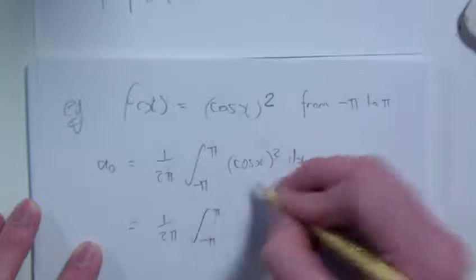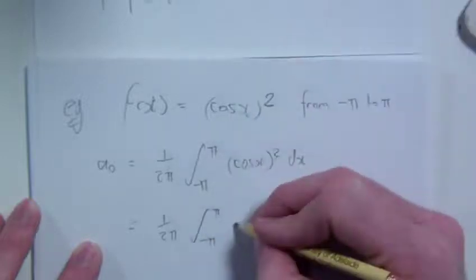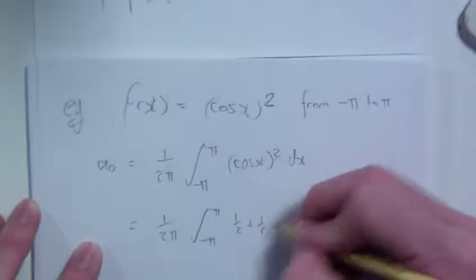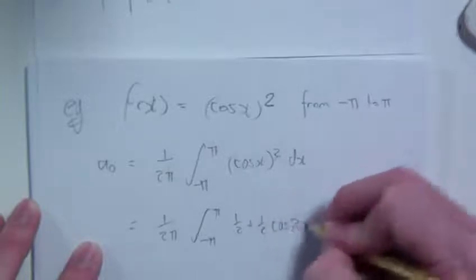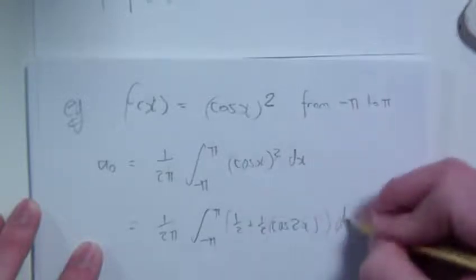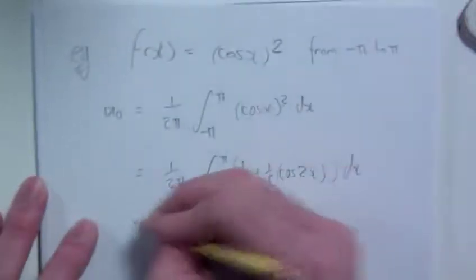And normally to integrate cos squared, you'd rewrite it as a trig identity. And then you do it.